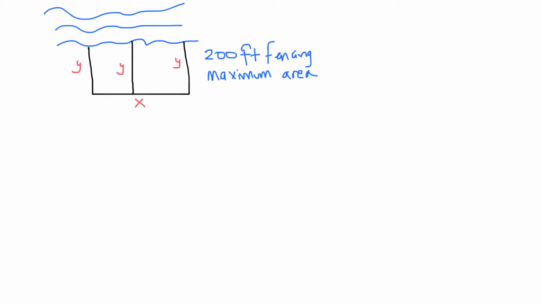So we are looking for the dimensions that would do it. What dimensions would maximize the area if you have 200 feet of fencing and this is the layout of the fencing? Well, then the primary equation would be whatever you're trying to maximize or minimize, in this case, area.